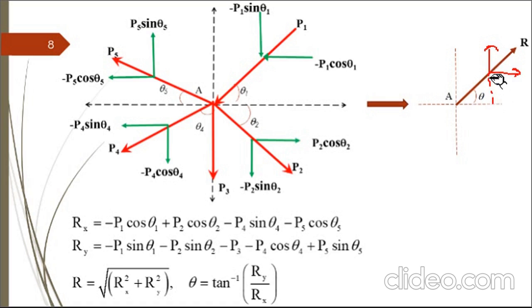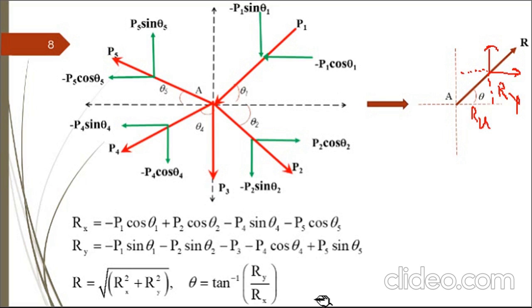Extending downward, this will be the distance Ry and this is the horizontal distance Rx. So theta equals tan inverse of Ry divided by Rx.